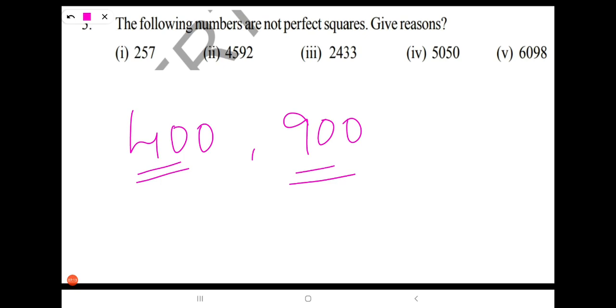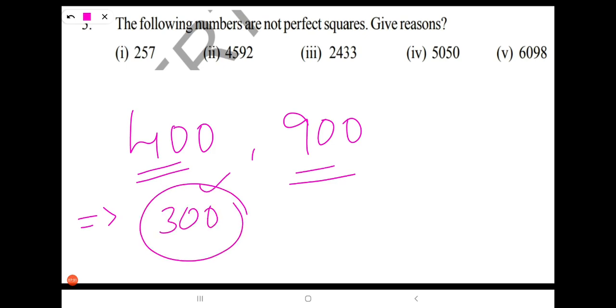Remember one more thing here, the perfect squares which have 0 must consist of an even number of zeros. Once again, one more question arises here: 300 is ending with 2 zeros, but it is not a perfect square.